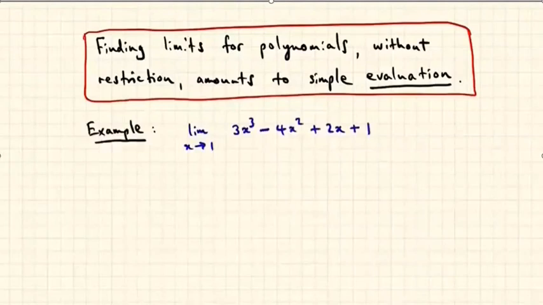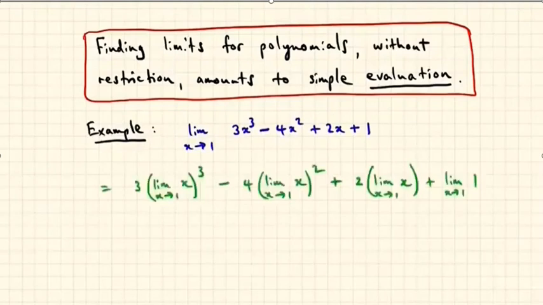As a more elaborate example, consider the limit of this cubic polynomial as x approaches 1. Because the cubic is built up from x and constants, along with addition and multiplication, we can apply the limit laws to bring the limit inside the expression.